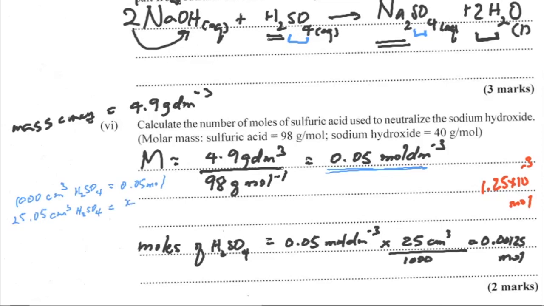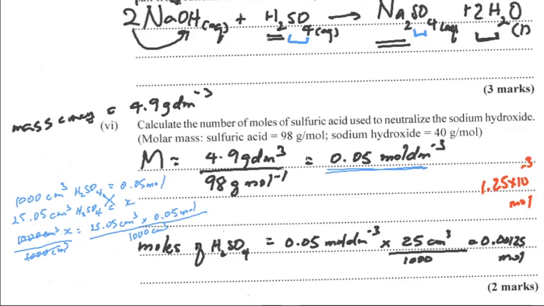Of course, we cross multiply, so that would give us 1,000 cm cube times x is equal to 25.05 cm cube times 0.05 moles. We'd need to divide both sides by 1,000 cm cube to make x the subject. We do the same thing to the right side, because anything we do to one side, we have to do to the other side. This cancels out, and we're left with the same thing we have over here.